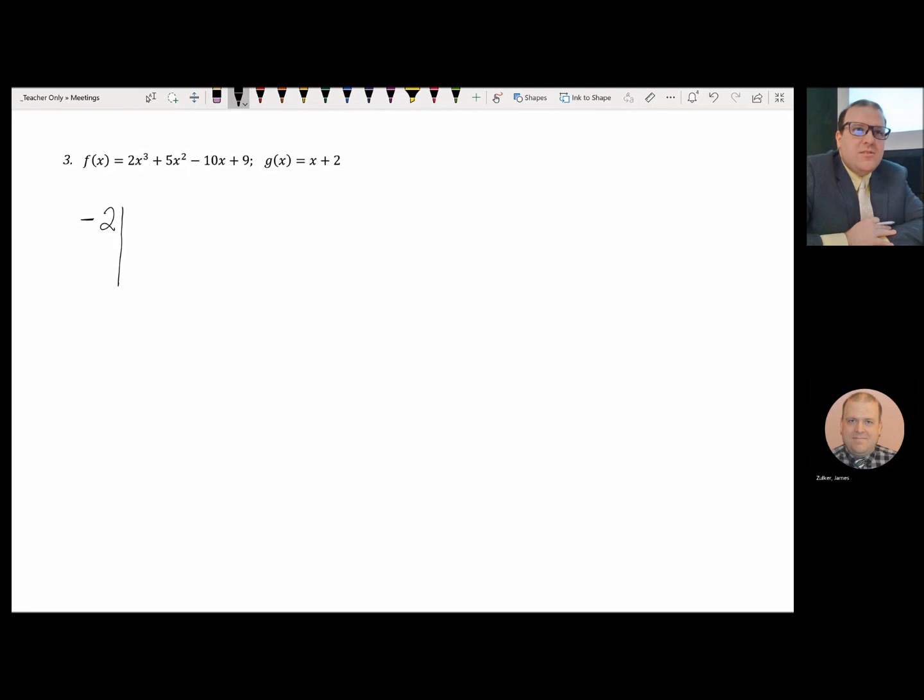Coefficients in descending order of the dividend. The dividend is what degree? So the quotient is going to be of degree 2. 2 drops down, times -2.